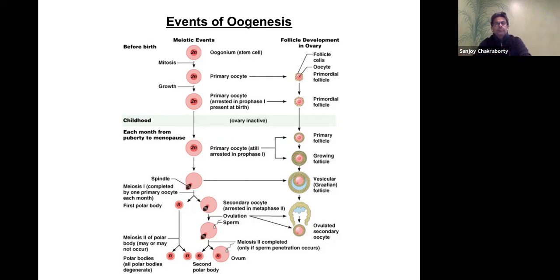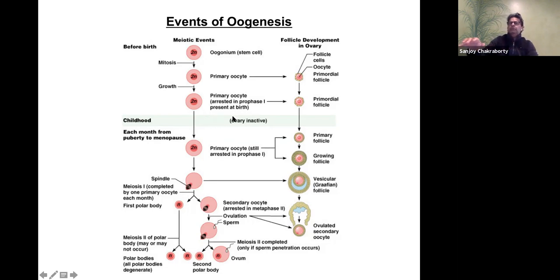So at the time of birth, in every girl child's ovary, the egg is at prophase 1 stage. So they are arrested at prophase 1. That's what it says: arrested in prophase 1, present at birth.